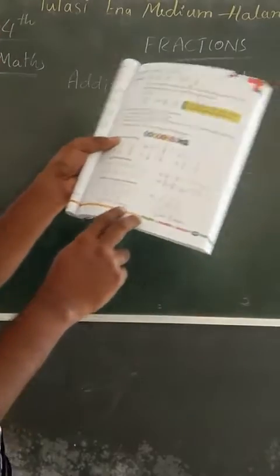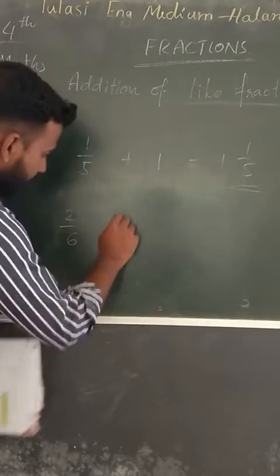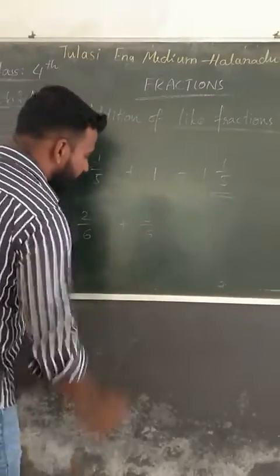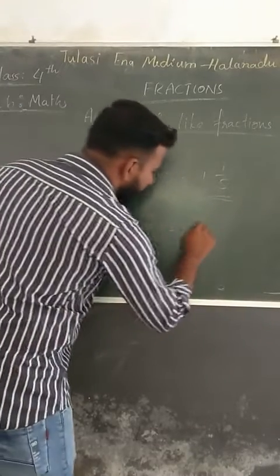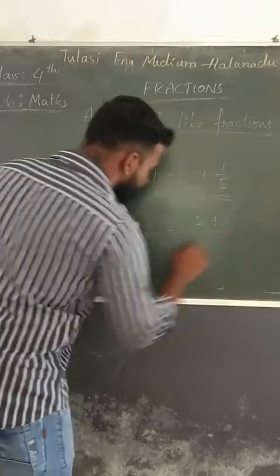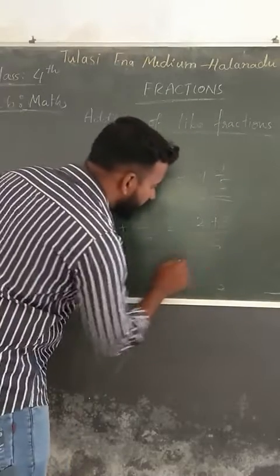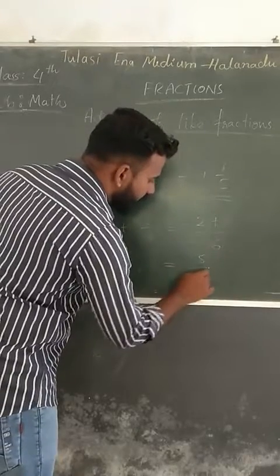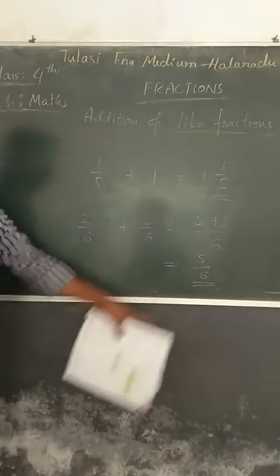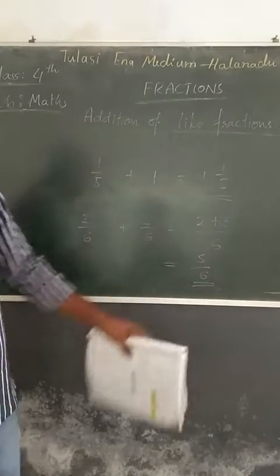And add 2 by 6 plus 3 by 6. So 2 plus 3. Don't add the denominators. Common denominator. 2 plus 3 is 5, denominator 6. It is in the simple form, so no need to change.